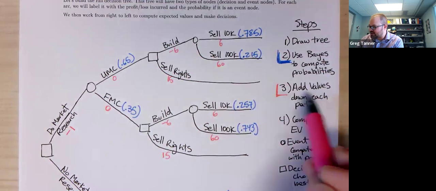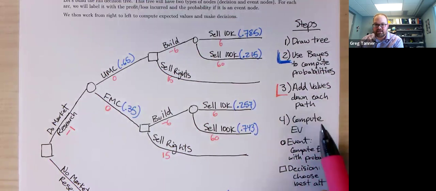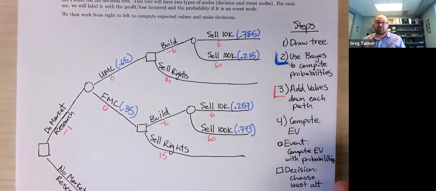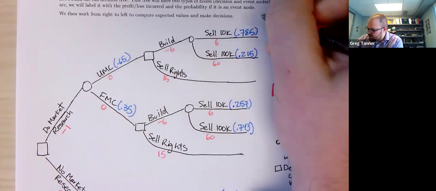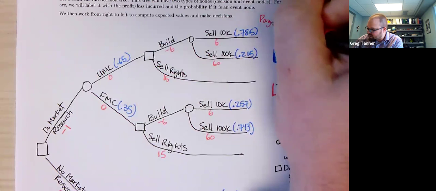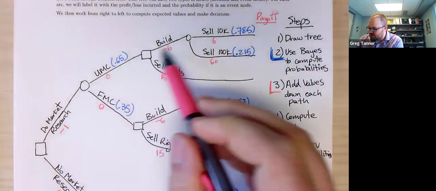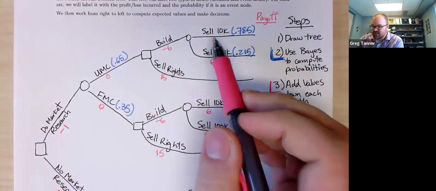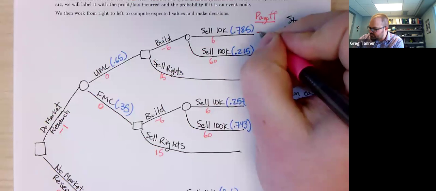Now step 3 is actually to add the values down each path to get a payoff of each branch of the tree. So here I'll go ahead and write payoff up here by adding values down the branch. If I look down this branch, I've got -1 plus 0 minus 6 plus 6. And so this overall has a payoff of -1.